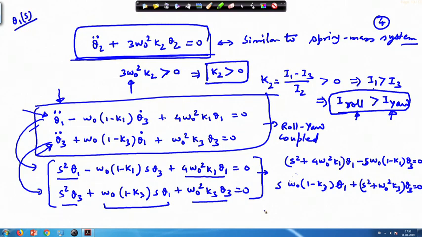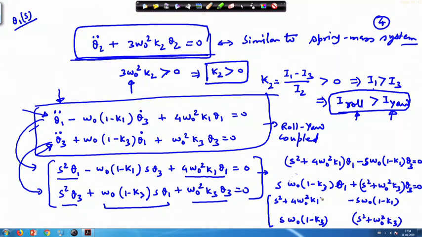And this can be written in matrix format as: s square plus 4 omega 0 square k 1, and then s times omega 0 times (1 minus k 3); and here similarly we have s times omega 0 times (1 minus k 1), and this particular term s square plus omega 0 square k 3.